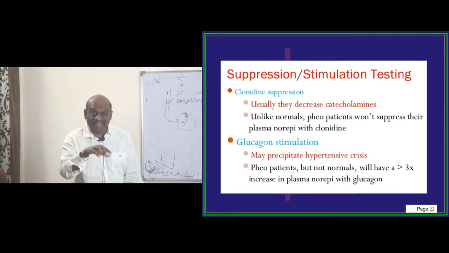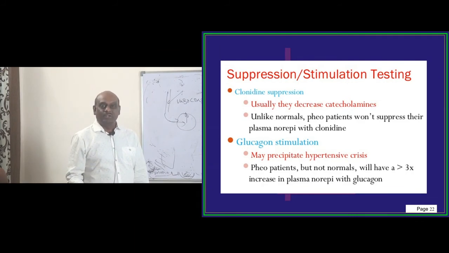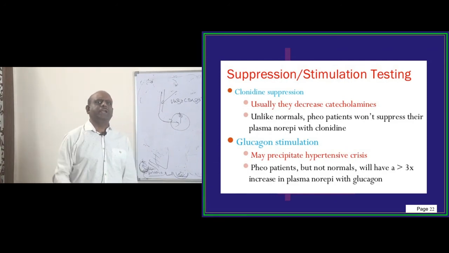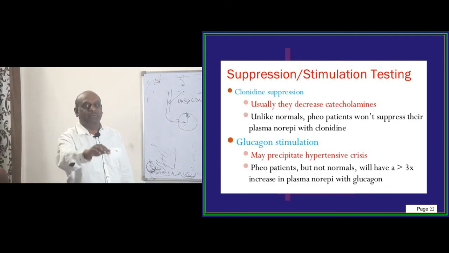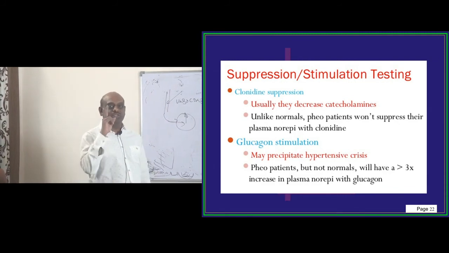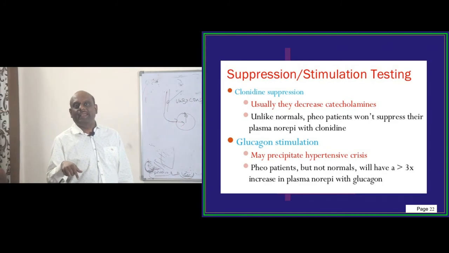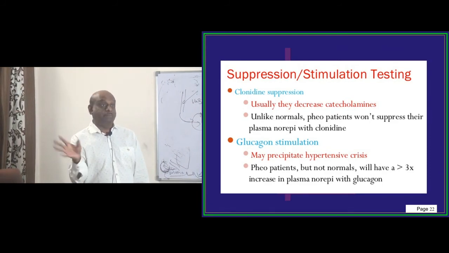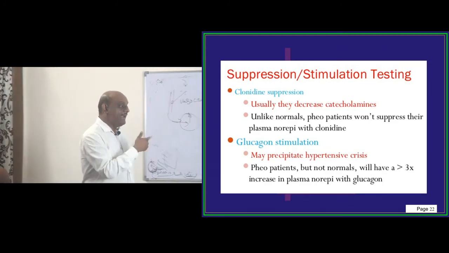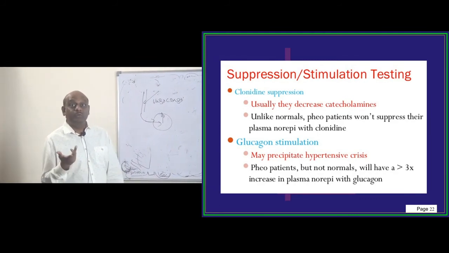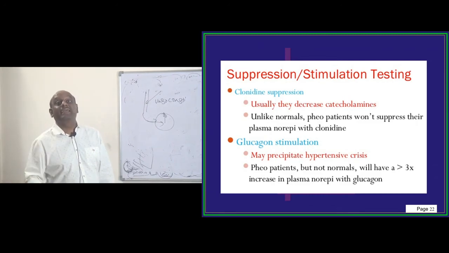If any condition is hypo, you stimulate and prove that in spite of stimulation there is no rise. That is a proof of hypo. तो पूरा एंडोक्राइनोलॉजी दो चीजों के ऊपर डिपेंड होता है, सप्रेशन करना या स्टिमुलेट करना. हाइपर कंडीशंस को डायग्नोस करने के लिए सप्रेस करके आप दिखाएगा कि सप्रेशन नहीं हो रहा है, एंड हाइपो कंडीशंस को डायग्नोस करने के लिए स्टिमुलेट करेगा और बोलेगा कि स्टिमुलेट करने के बाद भी नहीं बढ़ रहा है. So that is how you basically prove.